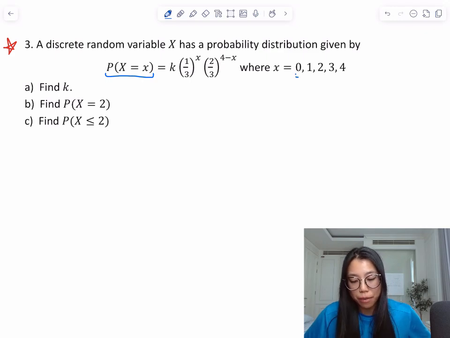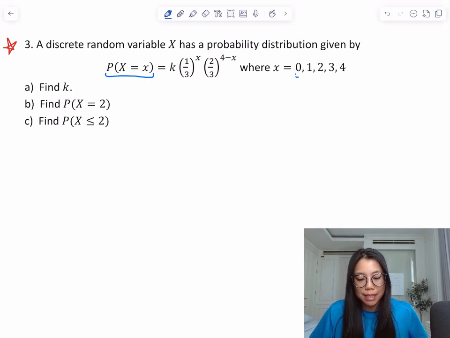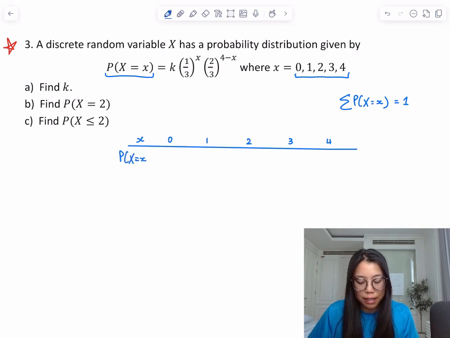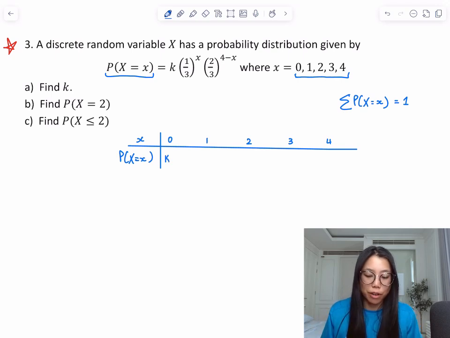Okay, so now based on this formula, let's see if we can work out what the probability table looks like. First, we're going to set up our variable lowercase x, and it can take on values from 0 to 4. When x is equal to 0, I want to plug 0 into my formula.